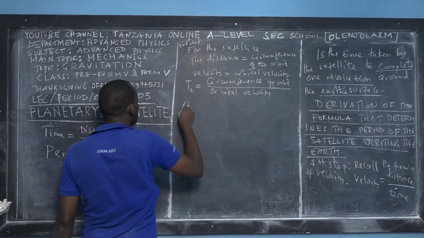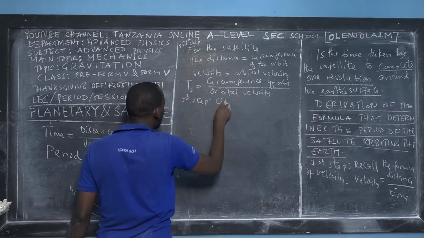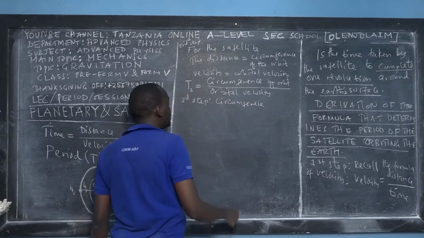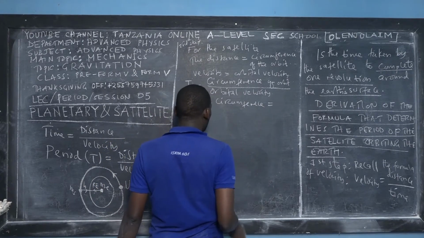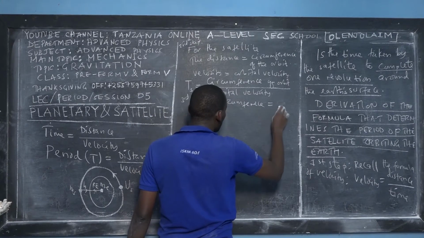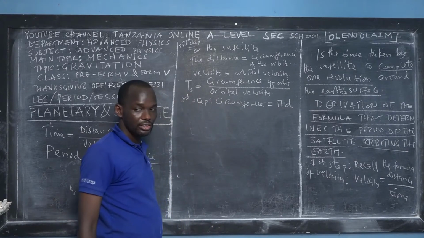The third step: the circumference of the orbit, we usually say, is equal to pi times what? Diameter. Right?